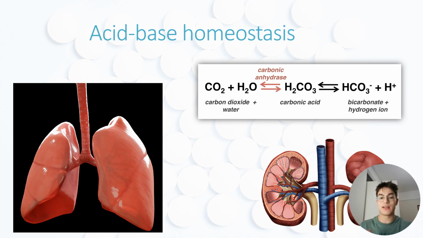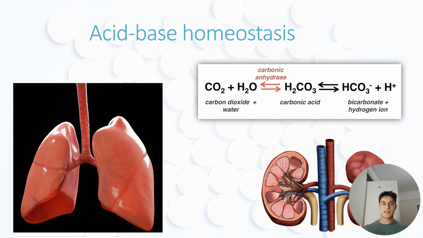Carbonic acid can then dissociate to a bicarbonate ion and a hydrogen ion. And of course, the hydrogen ion is what's giving us the acidity. And the role of the carbonic anhydrase there, of the enzyme, just means that that reaction happens very, very quickly. And shifts in the equilibrium happen very quickly.